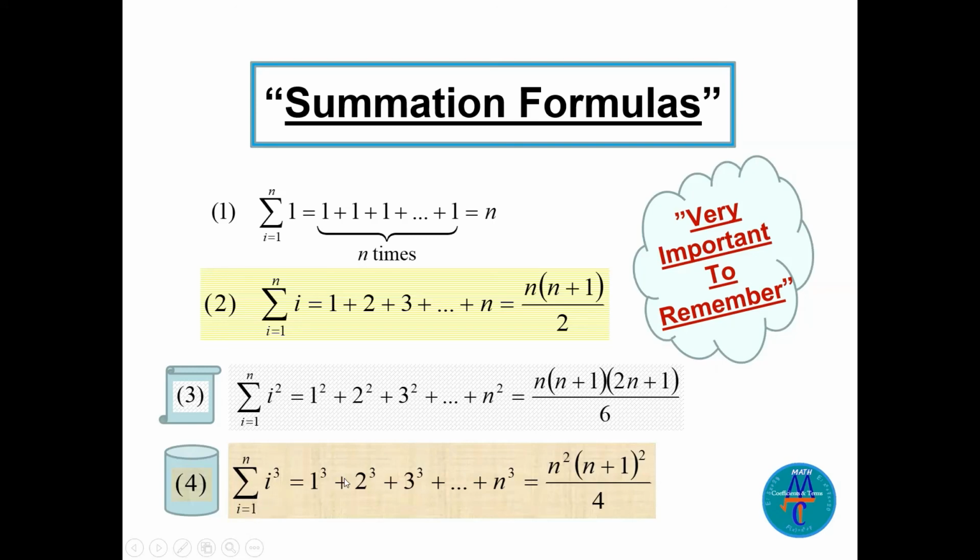So it will be 1 cubed plus 2 cubed plus 3 cubed until n cubed. So for the summation of i squared, it will be the formula n times n plus 1 times the bracket 2n plus 1 divided by 6. The summation of i cubed will be n squared times n plus 1 all squared divided by 4. So you can see these in some math courses.